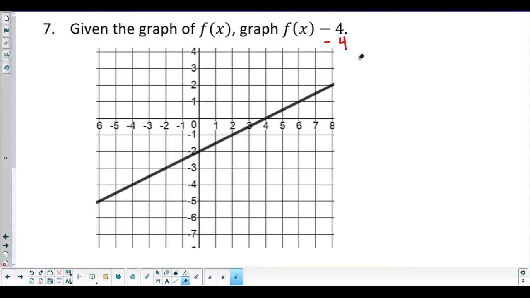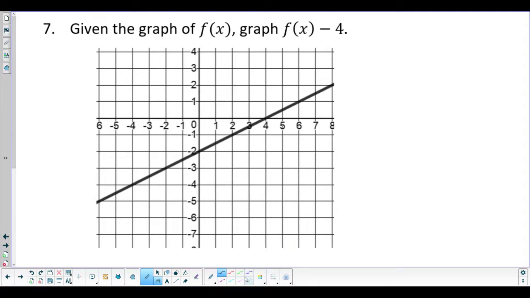So if you remember, this type of problem is all about transformation, right? Or translation in this case, where we are going to do something to a function. We can multiply, we can add, we can subtract. And that changes what our graph looks like on a graph. Okay.